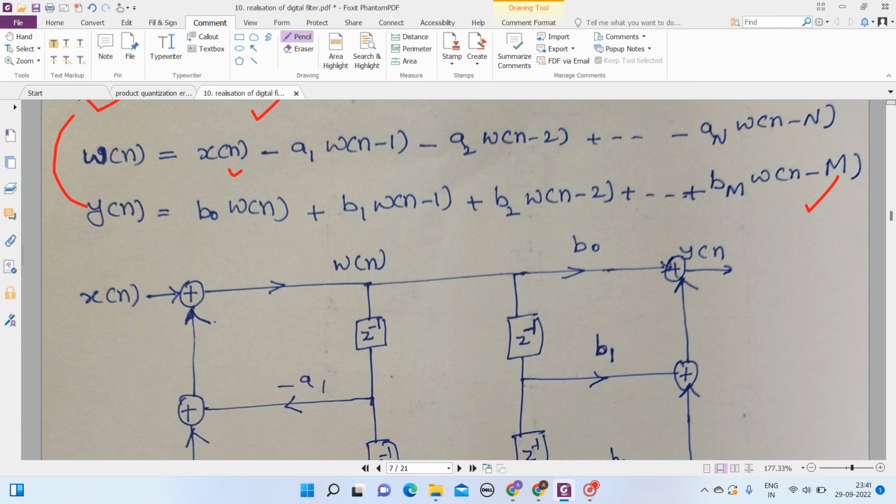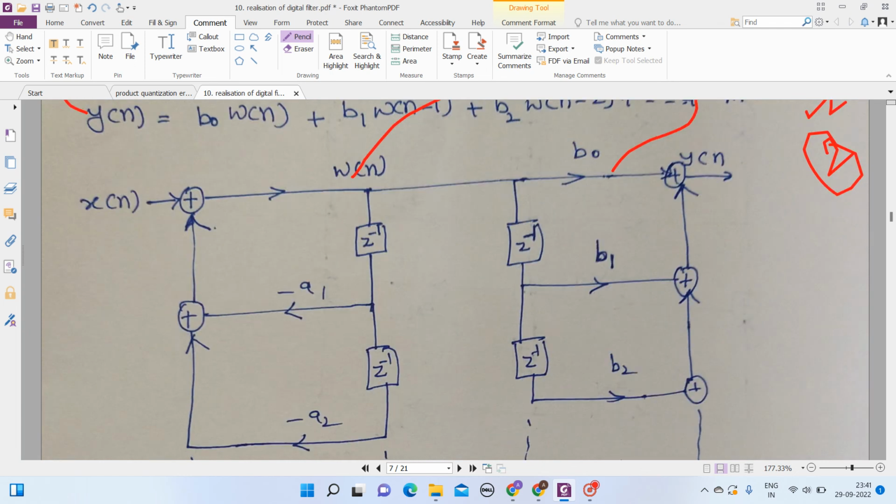See here, first I will take this equation as 1. This is our second equation, right? It's the structure of the first equation. This is the structure of the second equation. We will see how to draw this structure.